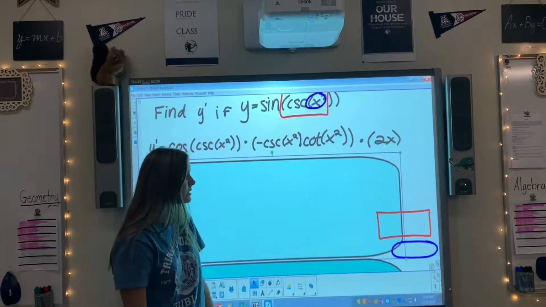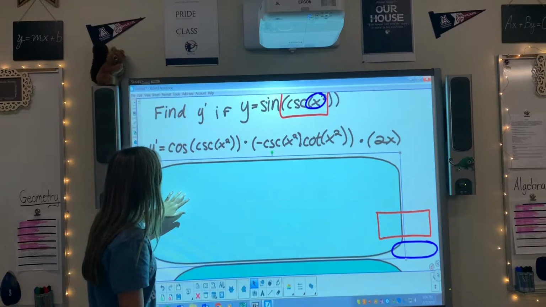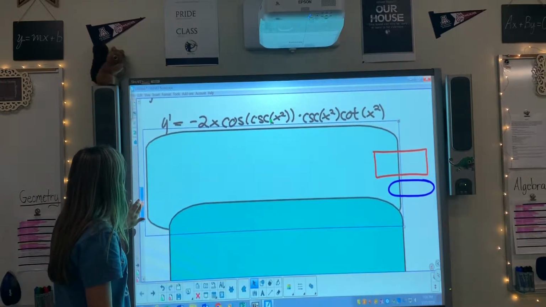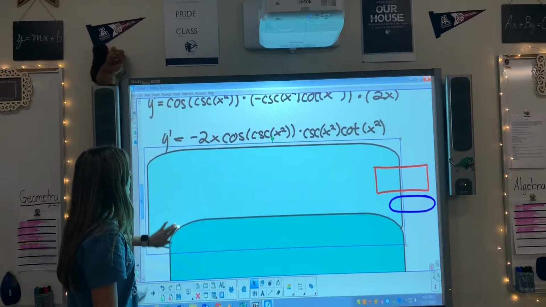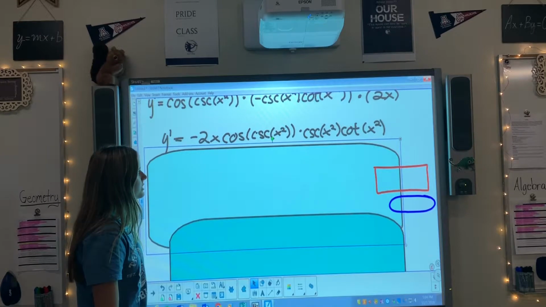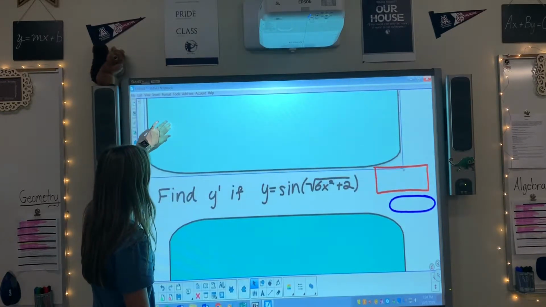The third and final step is to multiply by the derivative of the circle, which is 2x. So you bring the negative around to the front, and you're left with negative 2x cosine of cosecant of x squared times cosecant x squared cotangent x squared. And there it is.